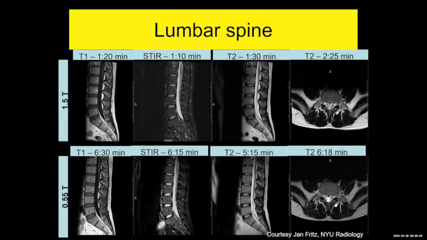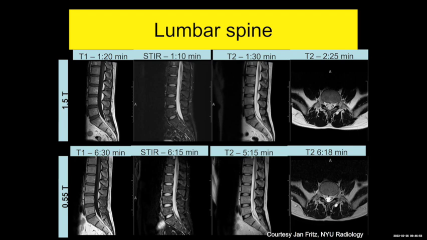So let's start. I'm going to talk mostly about abdominopelvic imaging, but I wanted to show this example in lumbar spine. This is work done by Jan Fritz and some of my colleagues at NYU. Basically, what we see here on the top row is a 1.5 Tesla acquisition with corresponding acquisition time. We're performing T1-weighted imaging, inversion recovery, and T2 imaging, in both sagittal and axial planes.